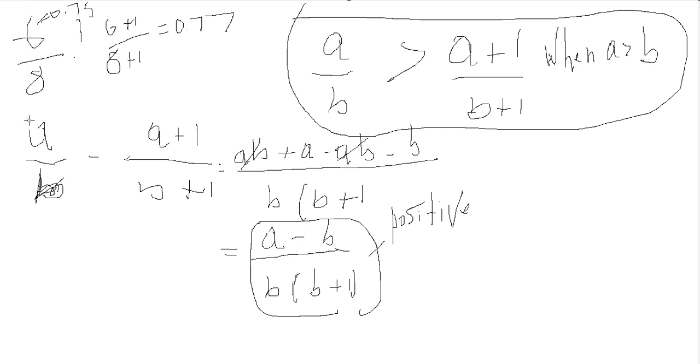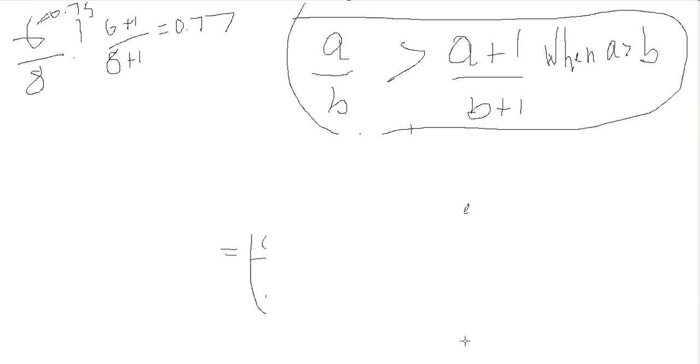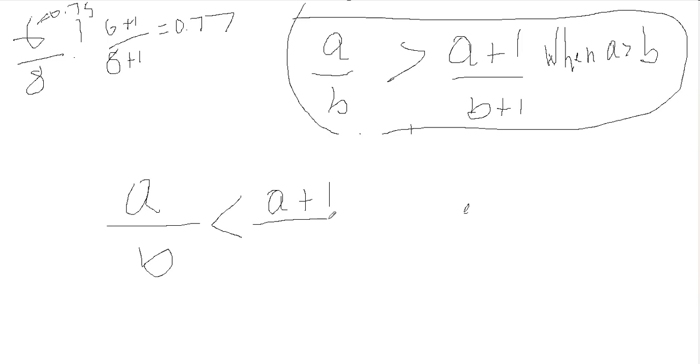I can make this deduction as well: A over B will always be less than A plus 1 over B plus 1 if A is less than B. That's the point.